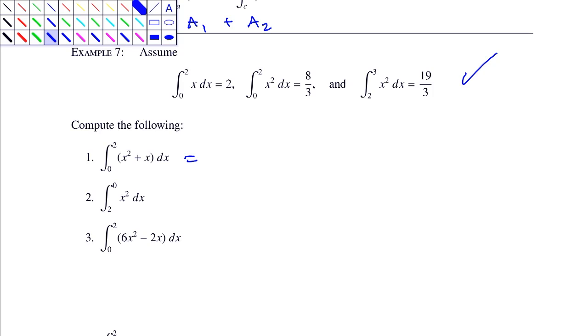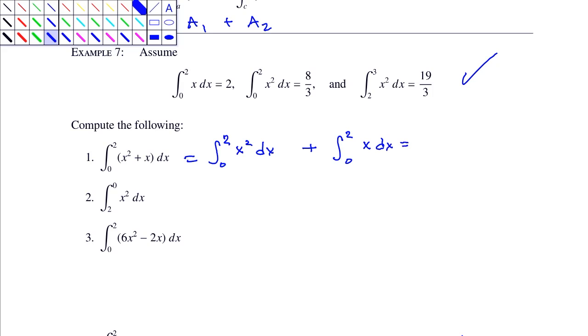So we're going to get the integral from 0 to 2 of x squared dx plus, and by the way, do you know where the dx comes from now? I should have mentioned this earlier. That's delta x, from the Riemann sum. And then plus the integral from 0 to 2 of x dx.